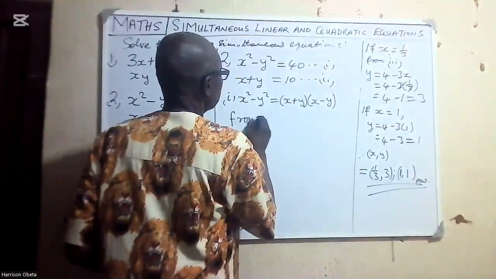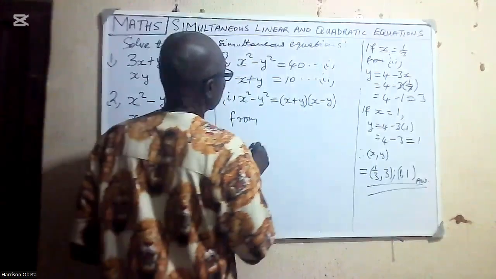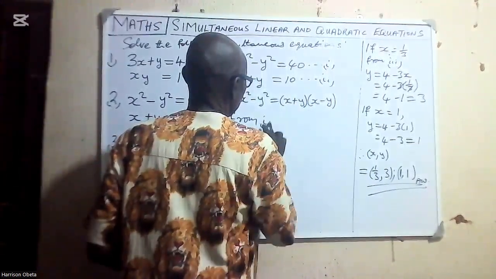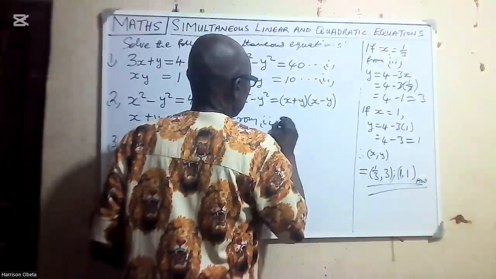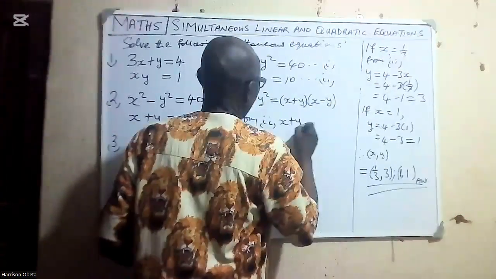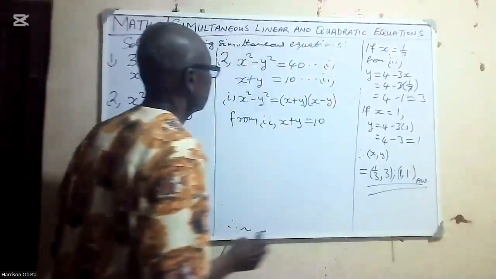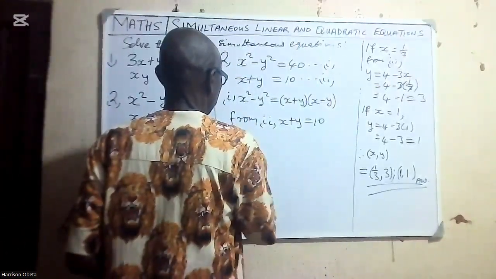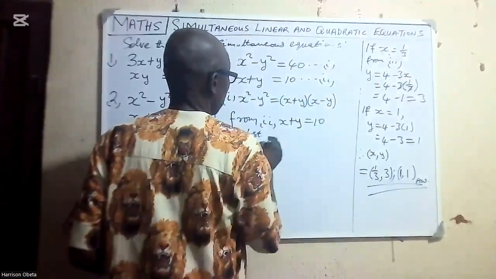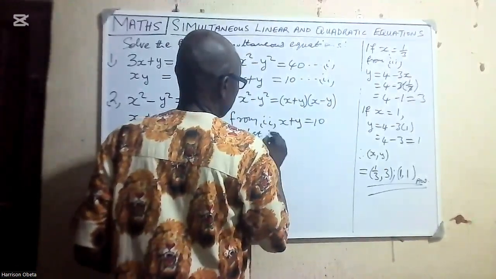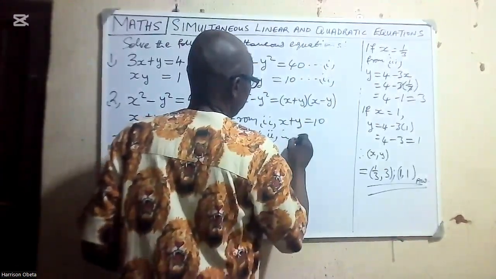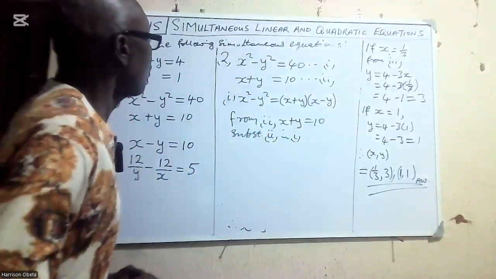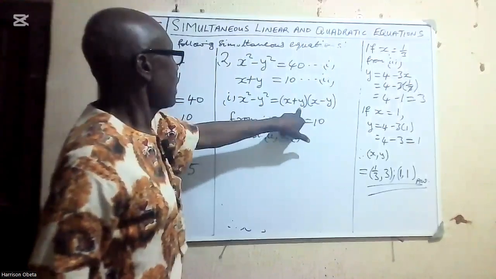So from equation 2, x plus y is equal to 10. So we can say that we have to substitute 2 in 1. Substituting 2 in 1, that means anywhere we see x plus y, we write 10.